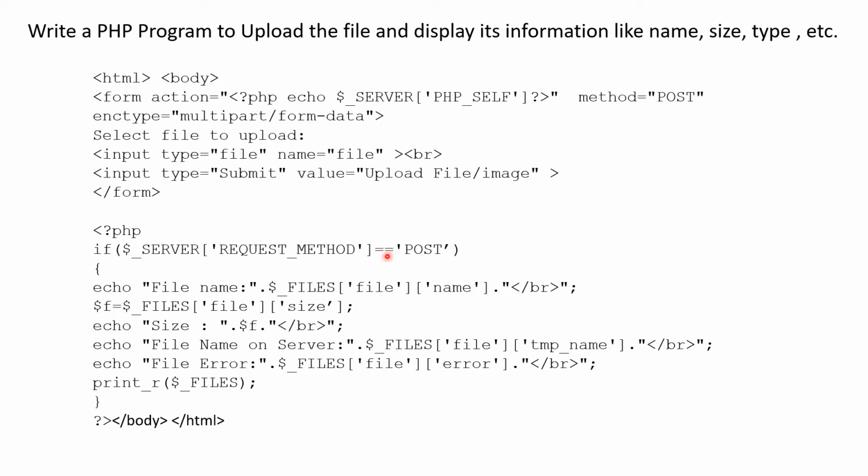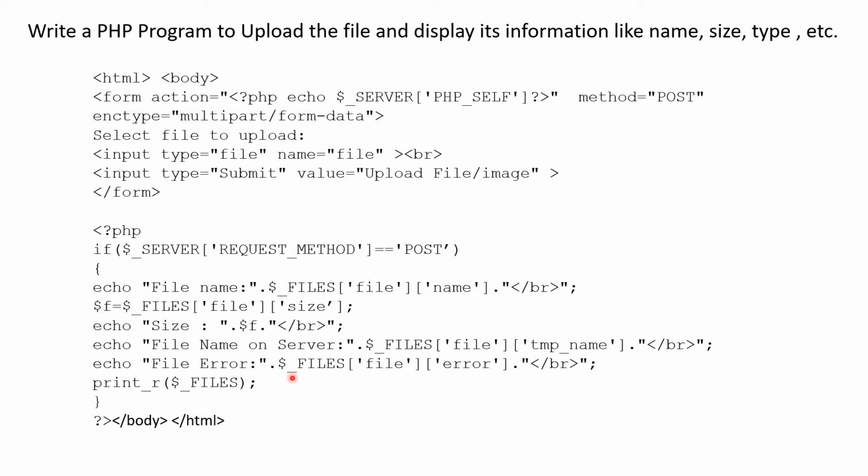We check here that the method is equal to post. Then for displaying the information of the uploaded file, we take the $_FILES superglobal variable. Then we write the file and the name. By using this attribute, it will display the name of the file, and this data will be stored into $f. After that, from this $f, we can retrieve the size of the file and display it in bytes. We write down the name of the file.